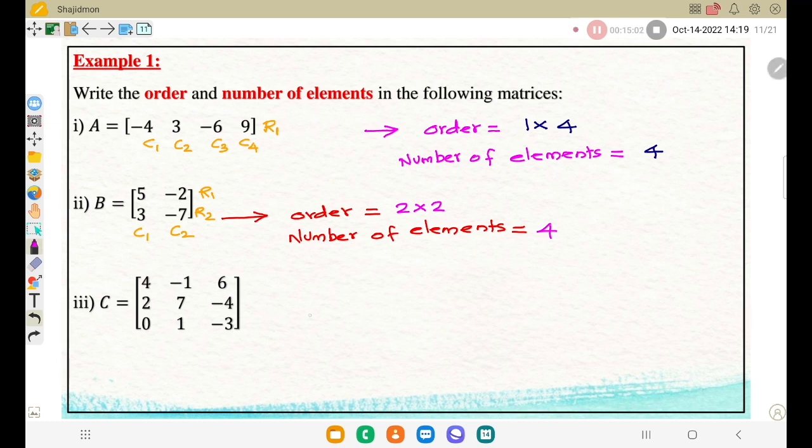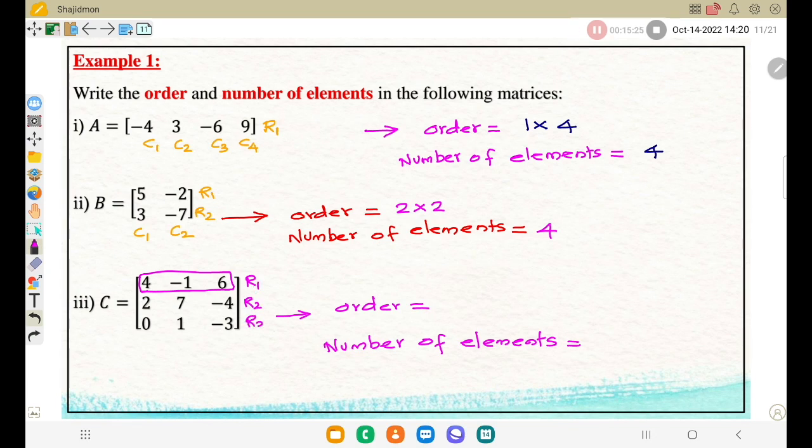Now in the same way here we can write the order of the matrix and the number of elements. So you can see the order, how many rows are there? This is the first row, row number 1, and then the second row and third row.